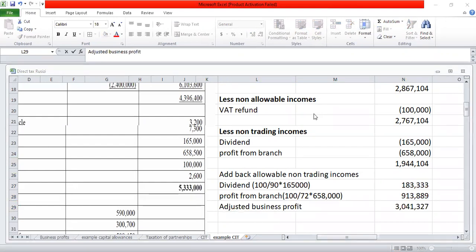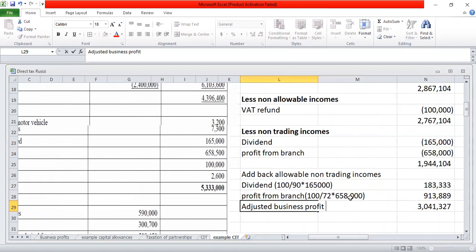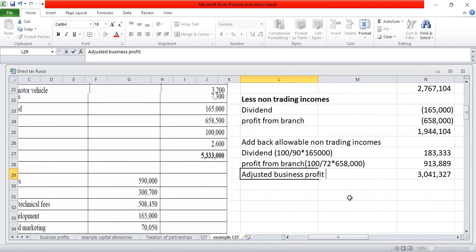The gain on disposal is taxable. That's why we have not considered it. It is taxable, and it was already included. Now, it's non-trading income.